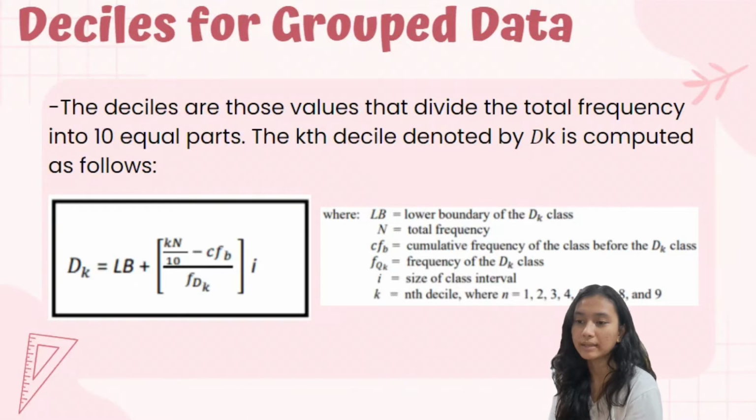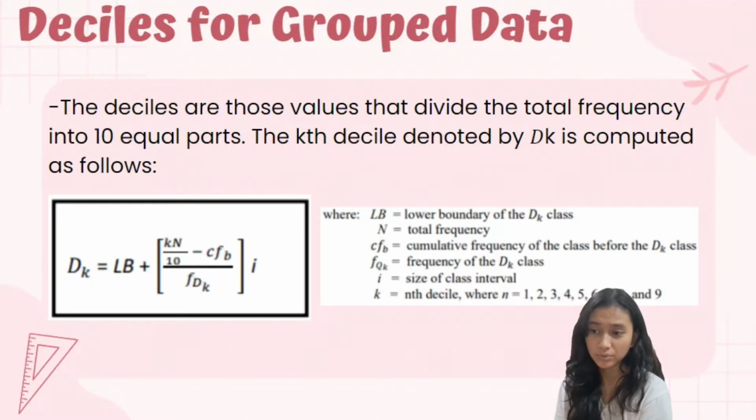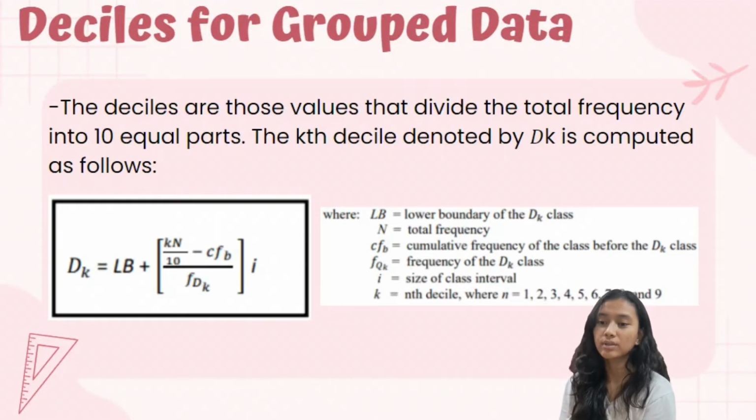Deciles for group data. The deciles are those values that divide the total frequency into 10 equal parts. The kth decile denoted by Dk is computed as follows.